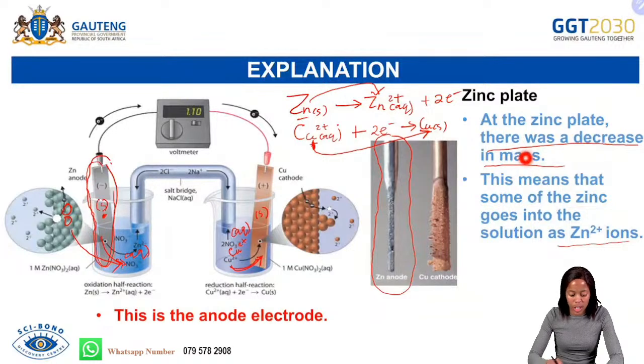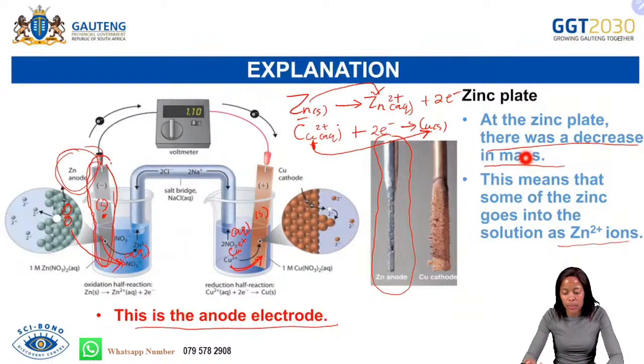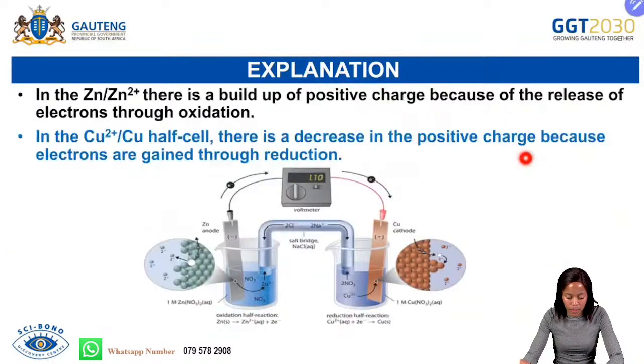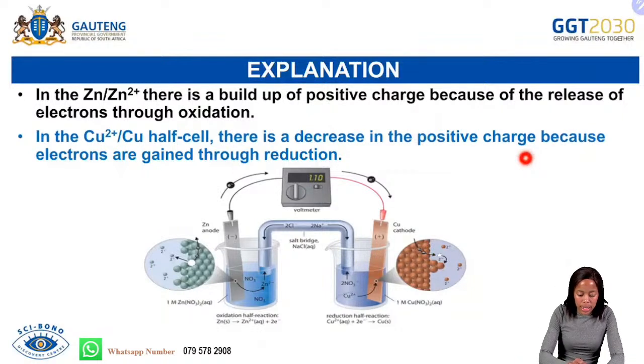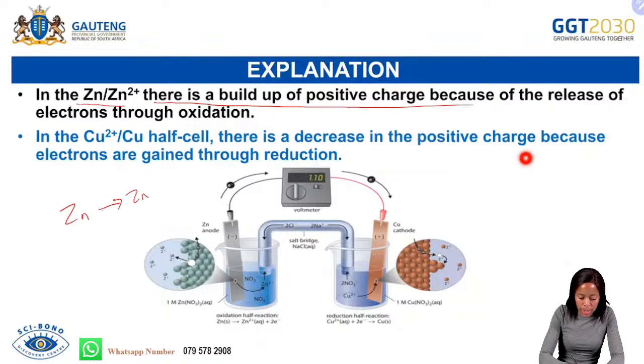Okay, learners. And then this says this is the anode electrode. So the anode is represented by the zinc there. Then it says here in the Zn or Zn2+, there's going to be a build-up of what? Of positive charge. Why? So we are saying that we are moving from Zn solid to Zn2+ plus 2 electrons.